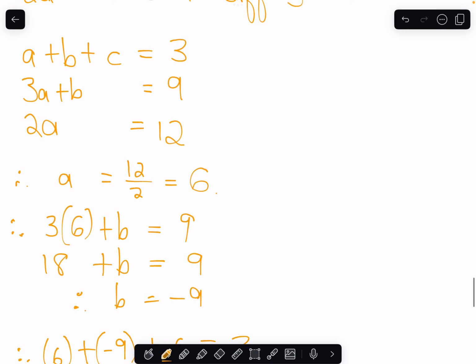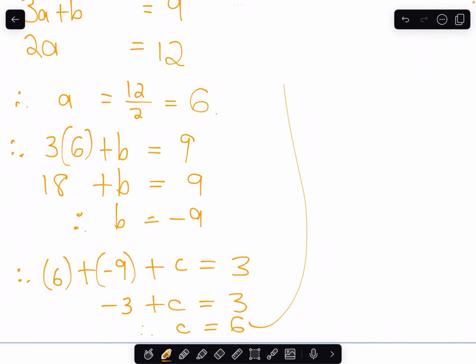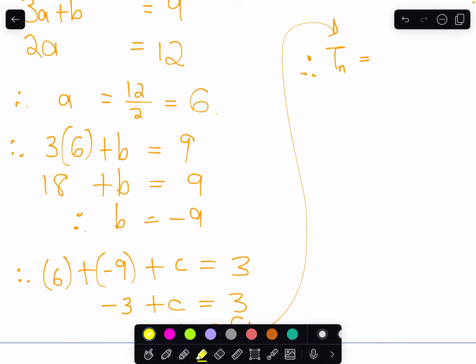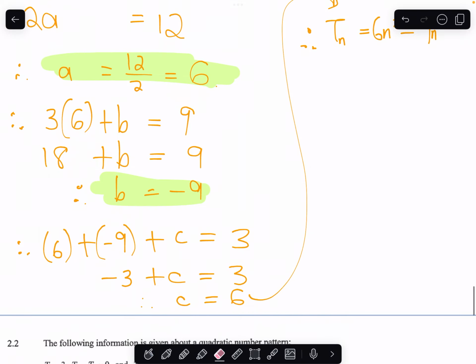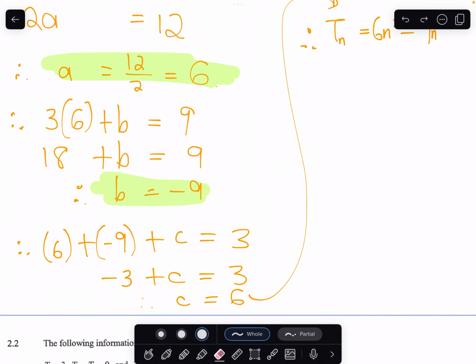Right, and so what that leads us to is, therefore, Tn is equal to 6n squared minus 9n plus 6.